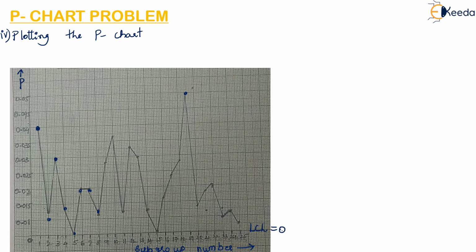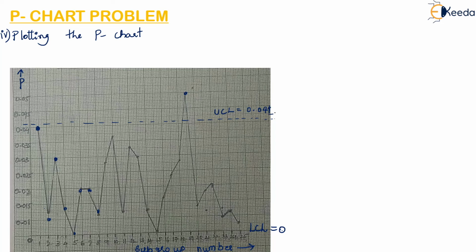Now the upper control limit is 0.041. So it will come somewhere here. So this is the upper control limit, that is 0.041. Okay.